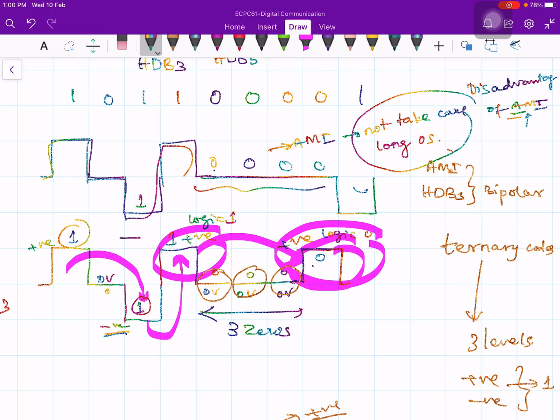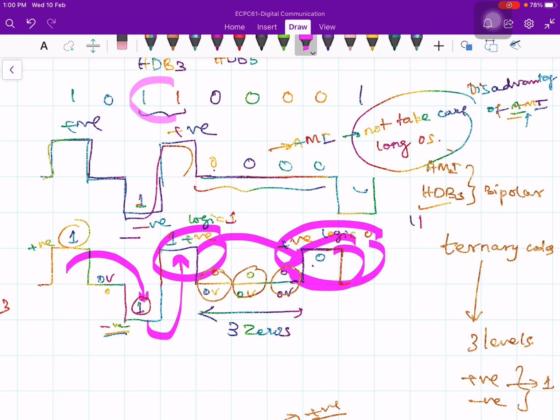Okay, now two ones, in case you have two ones consecutively, that will be taken care of by your AMI code. First one will be positive voltage, second one will be negative voltage, and third one will be positive voltage. Okay, see this one continuously I have two ones here.